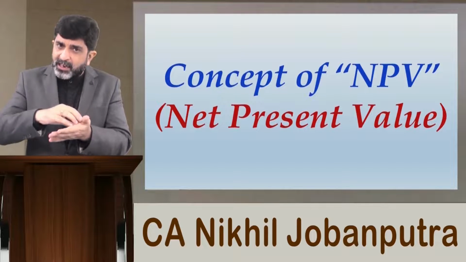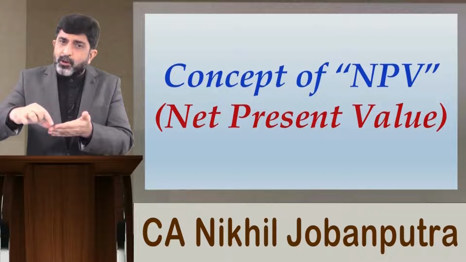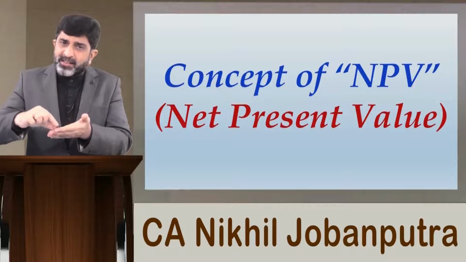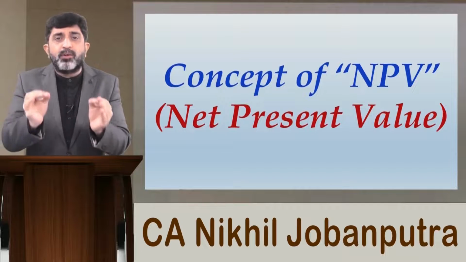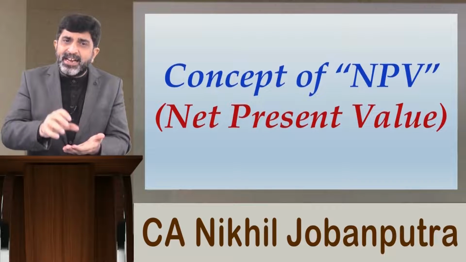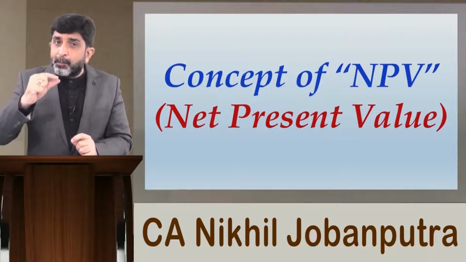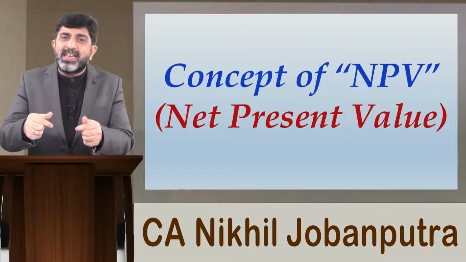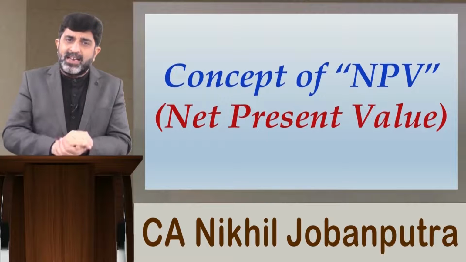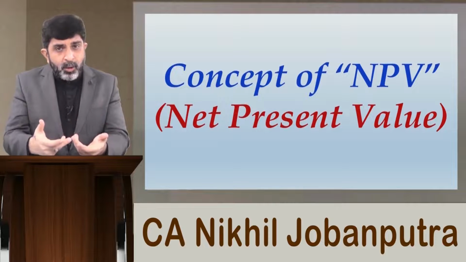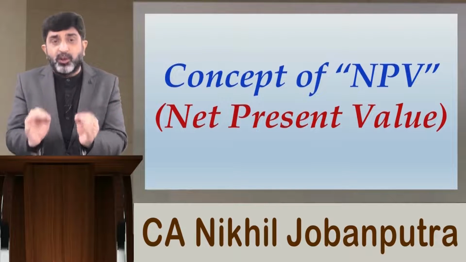And what we will finally do is, total present value of inflow minus total present value of outflow is what we are going to get as net present value. That net present value, if it is a positive amount, will indicate a benefit involved in that investment. If it is a negative amount, it would indicate a loss.